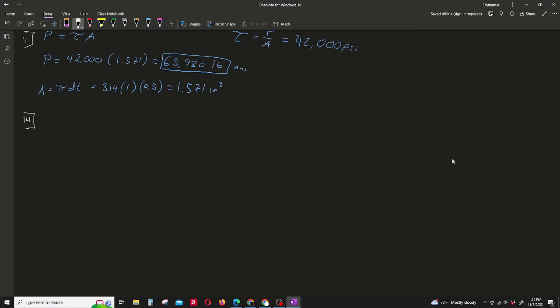Then B, okay, I see what they're doing. So they're giving us a couple of values and they want us to calculate the remaining. This will be fairly simple, straightforward, because it's all just calculations here at this point.